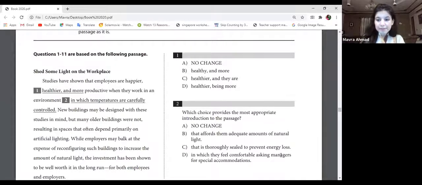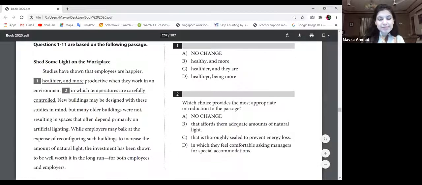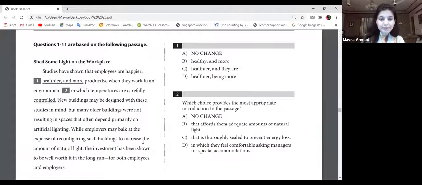So let me read it out for you. Questions 1 to 11 are based on the following passage. Shed some light on the workplace. तो हमारे पास अब यहाँ पर एक छोटा सा passage है और question 1 और 2 हम इस paragraph से related हैं, तो हम इस paragraph को थोड़ा सा go through कर लेते हैं because the questions are based on the entire paragraph.